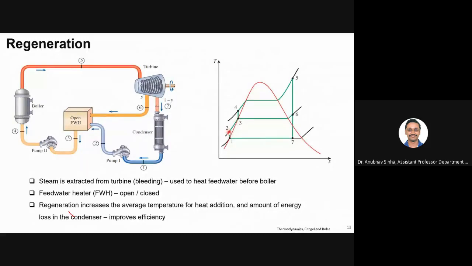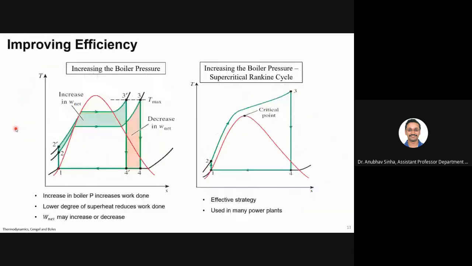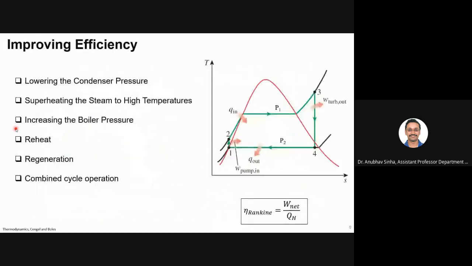From 2, we have gone like this. But for regeneration, from 2, we stop at 3. For the ideal regular cycle we have studied, from 2 to 3 we are heating inside the boiler.